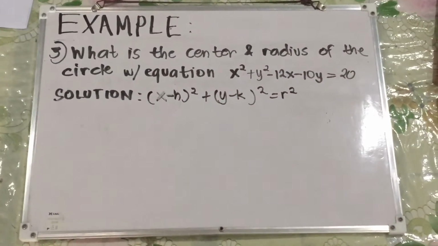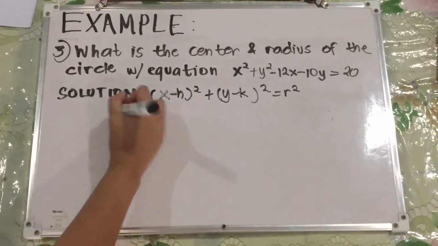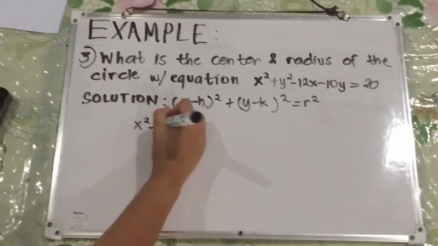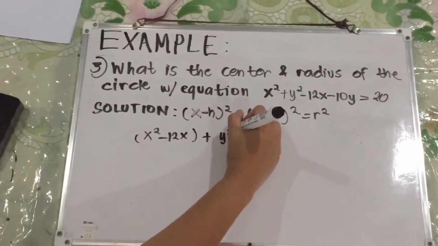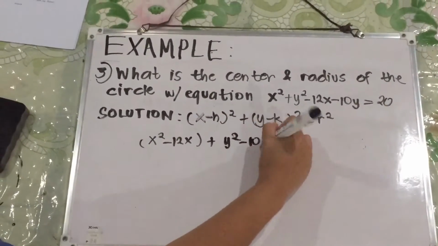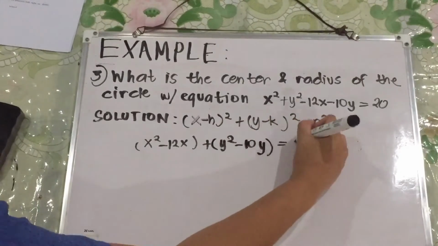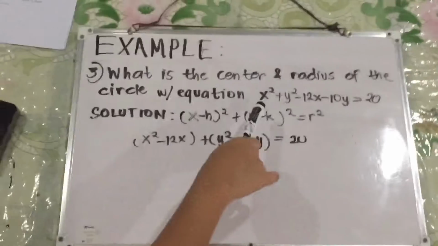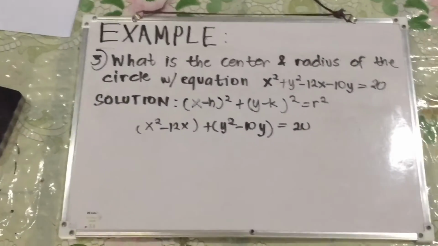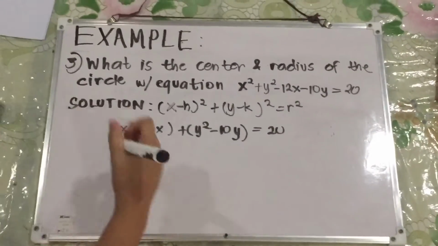So let's rearrange the given equation: x² - 12x + y² - 10y = 20. To come up with a form like this, we need to use completing the square.